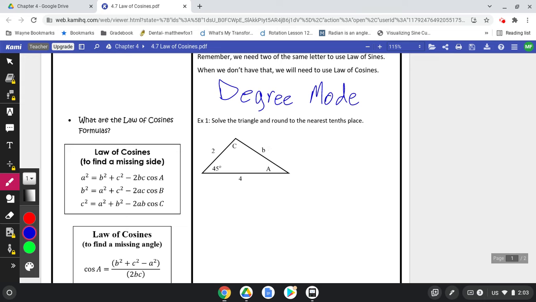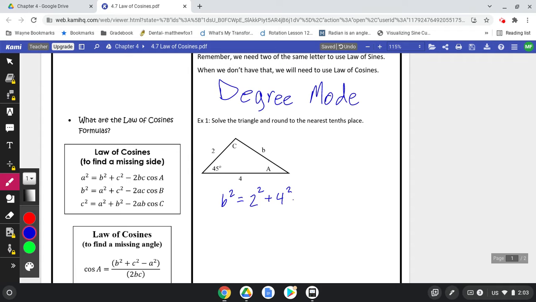So to do this, we know B squared equals, and then it's always the other two sides squared and added together. So in this case, it'll be 2 squared plus 4 squared. Okay, we'll add those together.